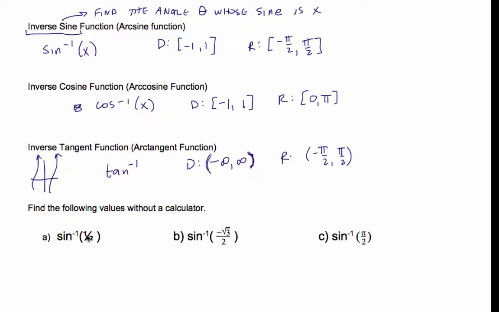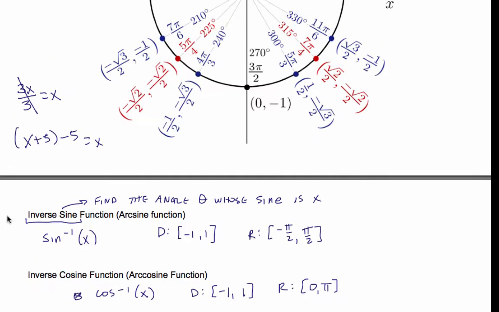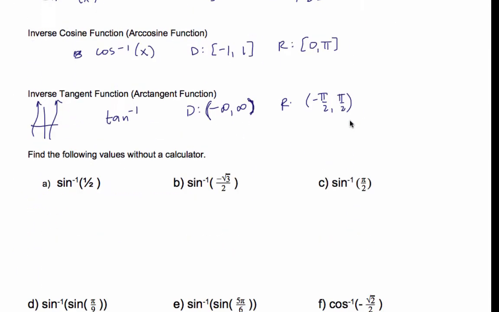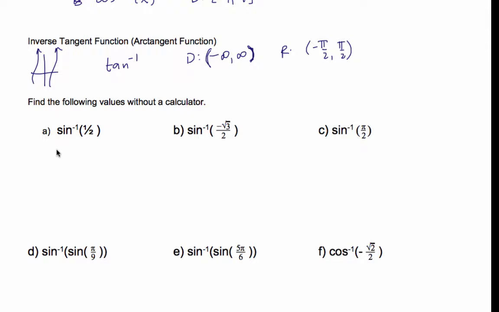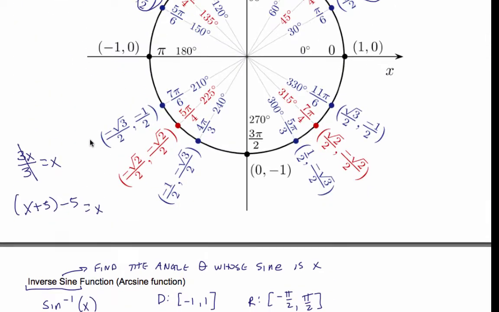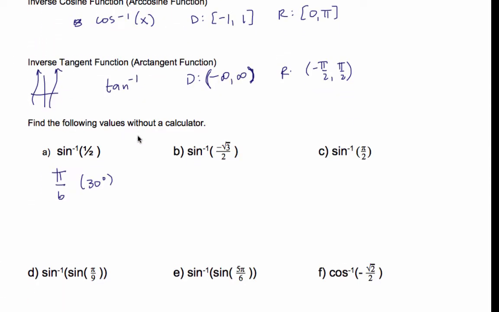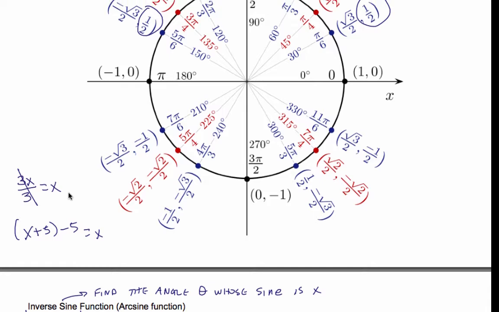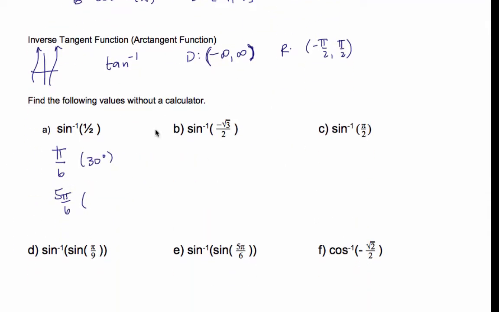So here we go. The sine inverse of 1/2. If I reference this unit circle, this is the one we just did. The sine inverse of 1/2 means find the angle whose sine is 1/2. Well, it's pi over 6, which is equal to 30 degrees. Up here, I also found that 5 pi over 6 would work, and 5 pi over 6 has a value of 150 degrees.